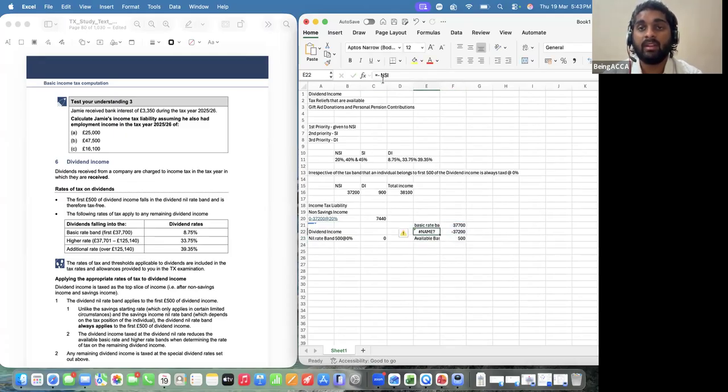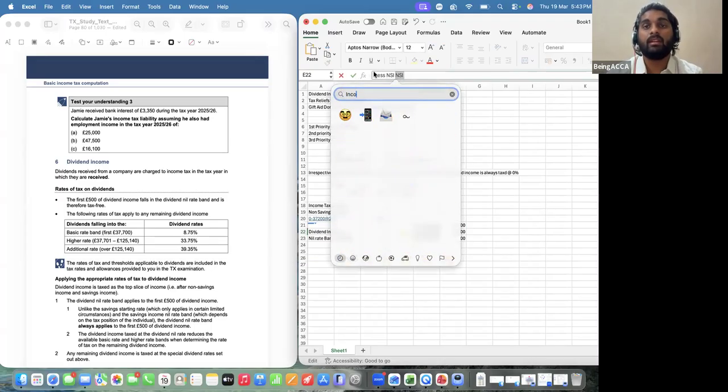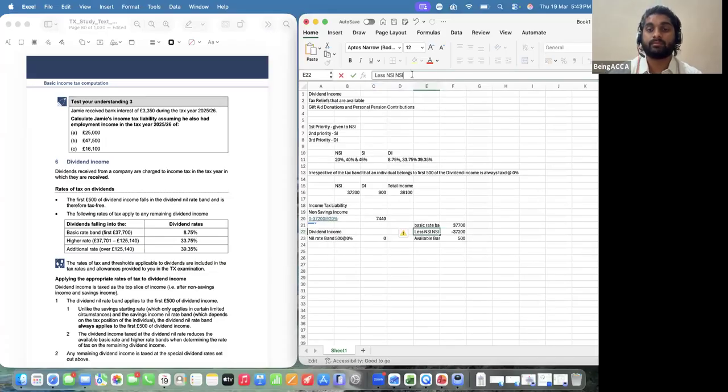Clear? So this will be less the non-savings income of 37,200.